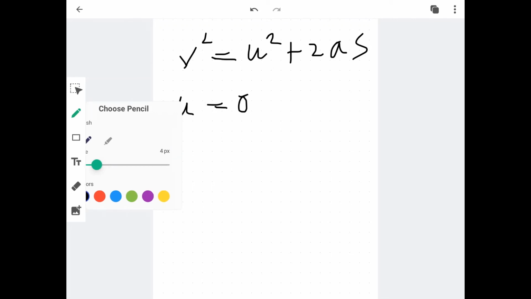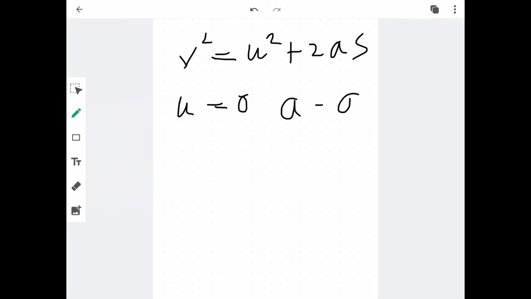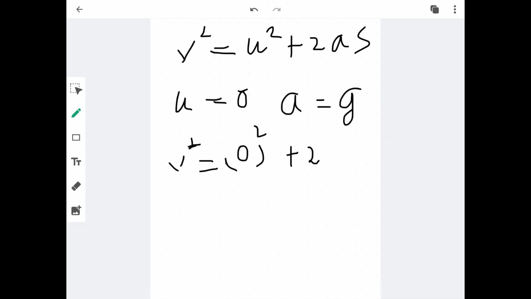So we get v² = 0² + 2gs. So we get v² = 2gs. So you see the concept is the same. u is equal to 0 and a is equal to g. This is the substituting part which we have done, and we get v² = 2gs.